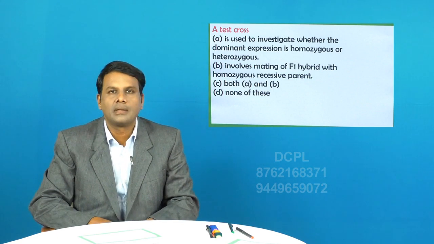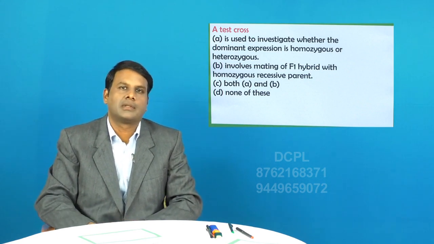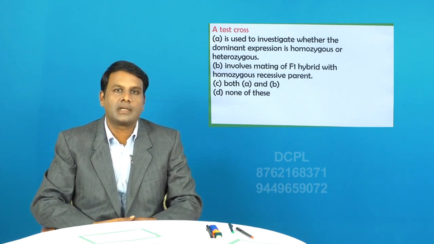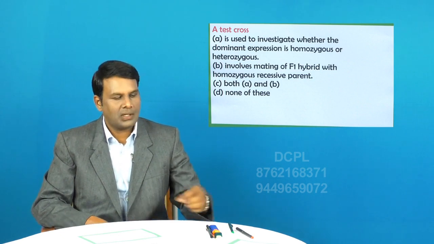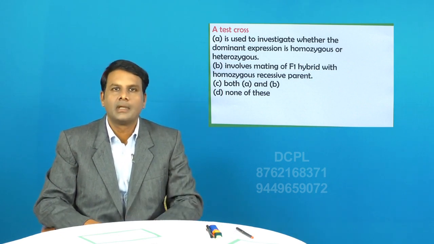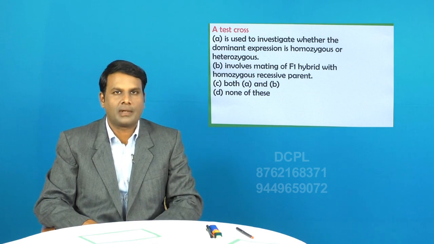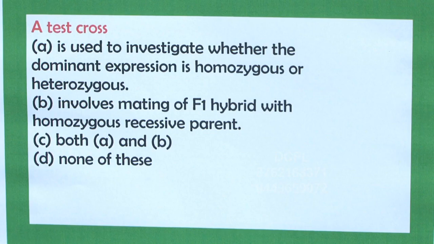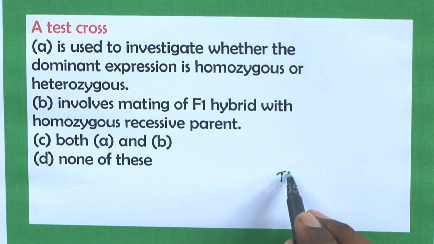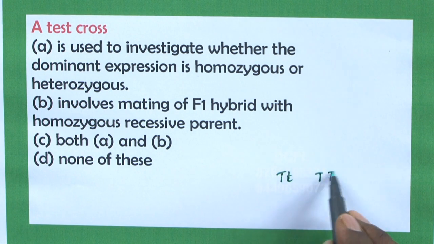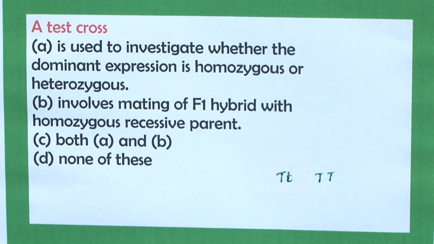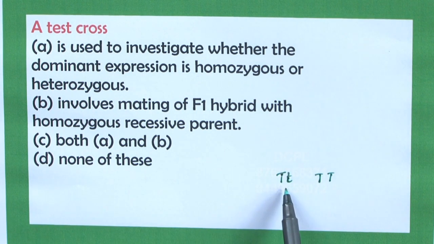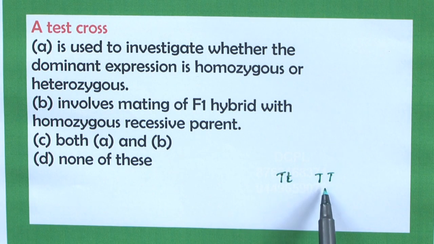Dear students, one of the methods Mendel used in his experiments is the test cross. A test cross is a cross between the plant showing a dominant phenotype and the recessive parent. For example, if you take a plant showing a dominant phenotype, this plant is tall due to the presence of a dominant gene.